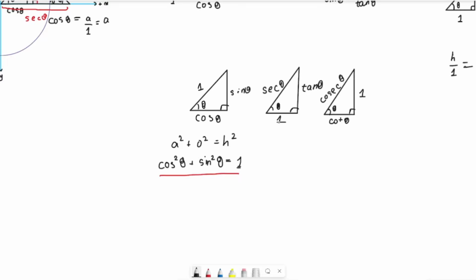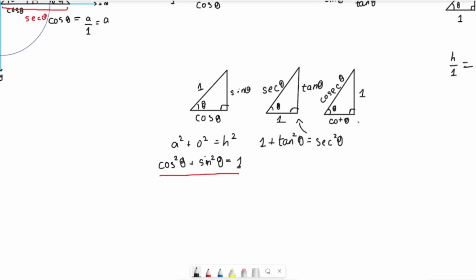This is the adjacent, this is the opposite, and this is the hypotenuse. So 1 squared, which is just 1, plus tan squared theta is equal to sec squared theta. So this is the second identity, which we got from this triangle.